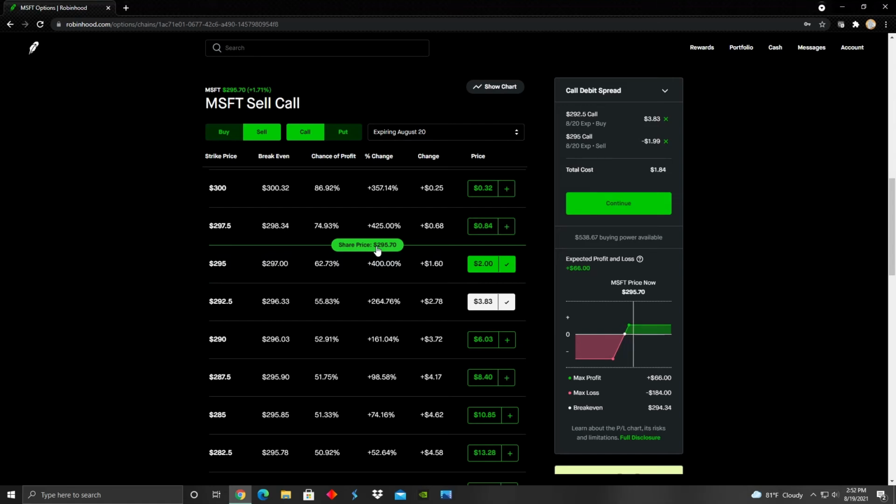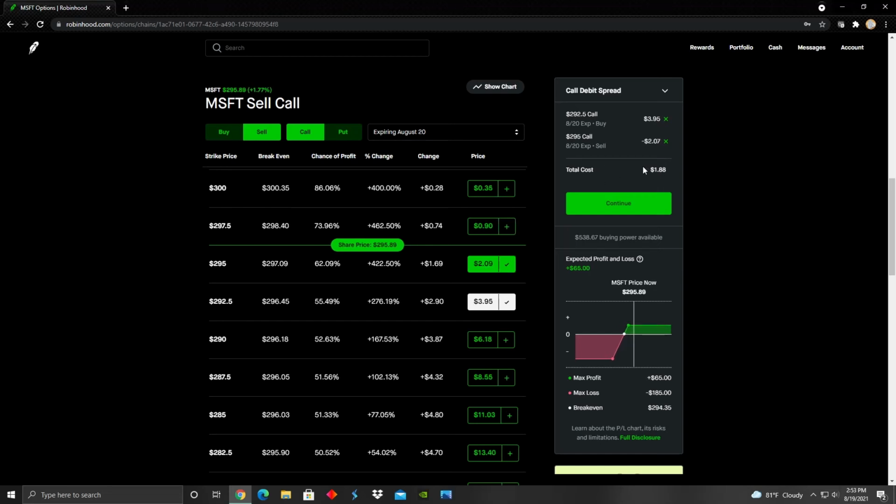And then as the share price drops lower and lower underneath the call option that you bought, it'll start breaking into your cost, not just your profit. And that's your max loss right here, which is $186, which is the exact same as your total cost for buying in.